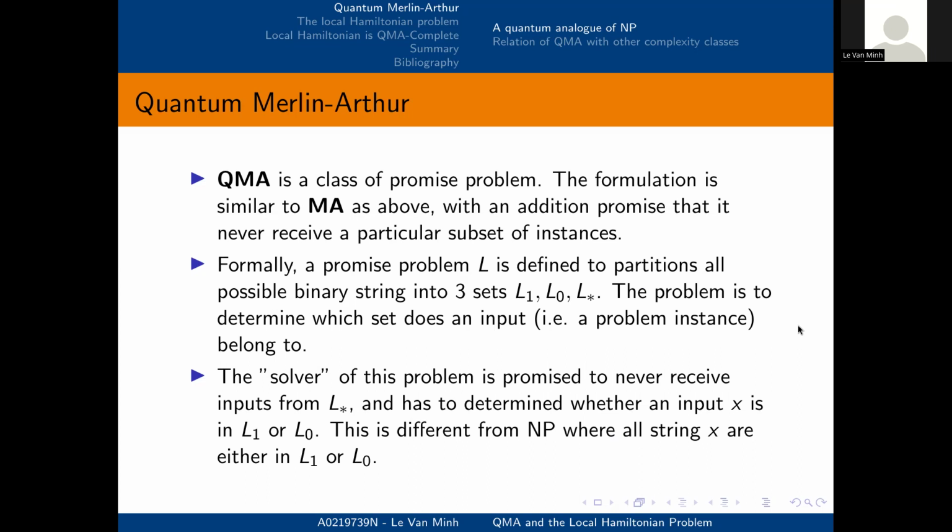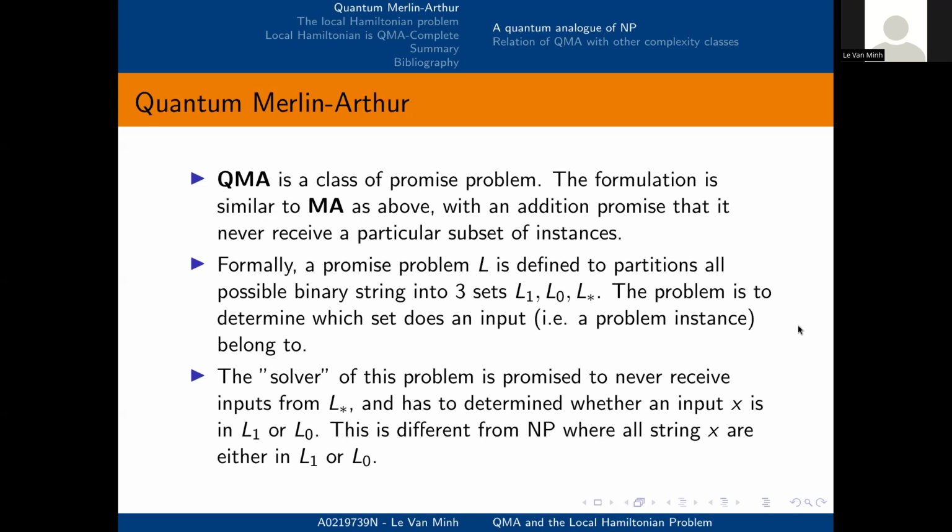Note that QMA has some difference from MA in that it is a promise problem, where both the verifier and the prover are promised that they will never receive certain instances of a problem.